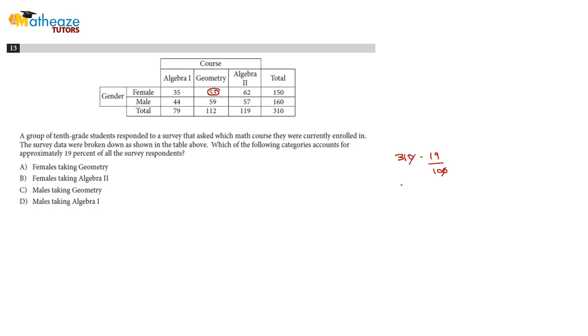So we have 31 multiplied by 19 divided by 10. So this is going to give us 589 divided by 10. So roughly 58 to 59 is what we're looking for. So we look at 59. That's what we need right here. So 59 is going to be males taking geometry. So that is going to be C.